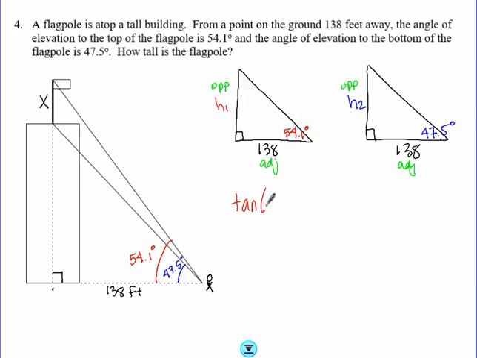So I have tangent of 54.1 degrees equals h1 over 138. So if I solve this, I have that 138 tangent of 54.1 degrees will give me h1.